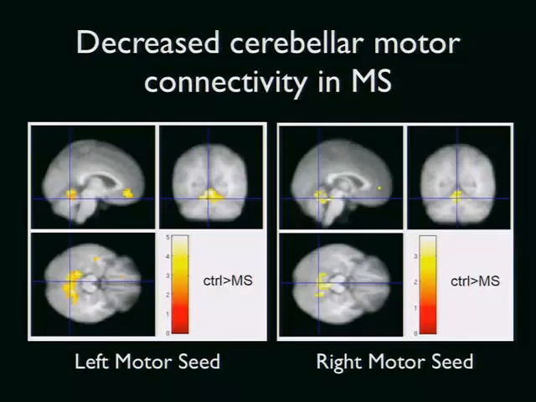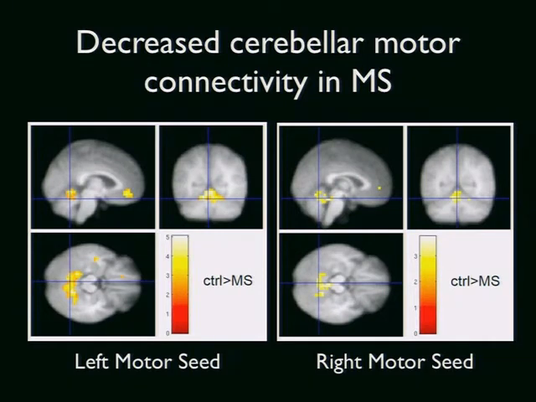So one of the, I think, surprising findings that came out of this: our original hypothesis was that we would see some correlation between corpus callosal atrophy and interhemispheric connectivity.